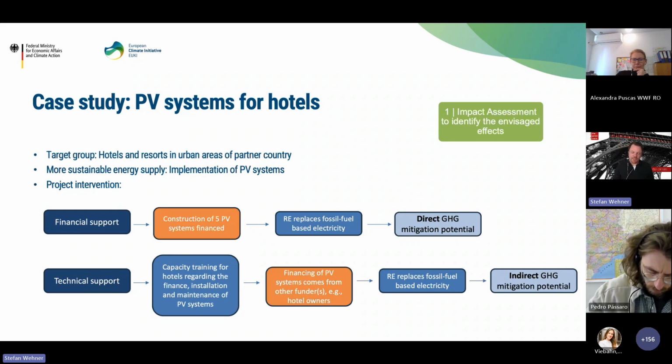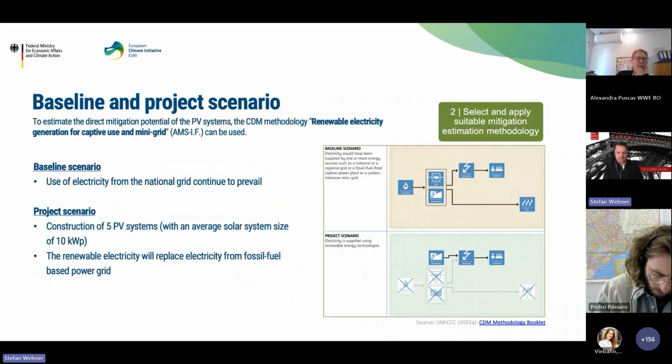So I now take only one case, in this case, the construction of the 5 PV systems under the direct one, and how that could be quantified. I refer here to a CDM methodology, which is related to renewable electricity in captive use and mini-grids. There are others also, for example, methodologies for projects that directly feed into the grid. But this one is suitable.